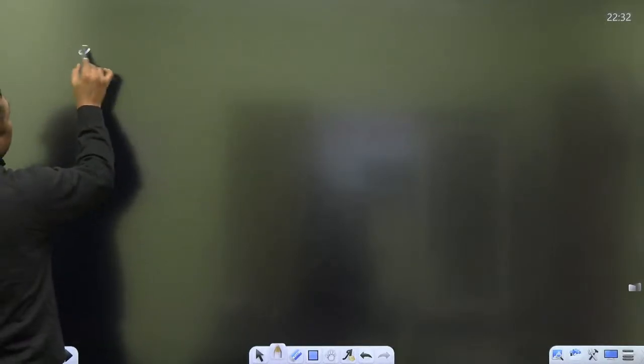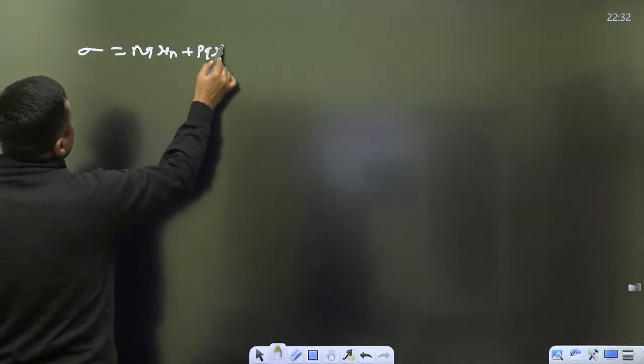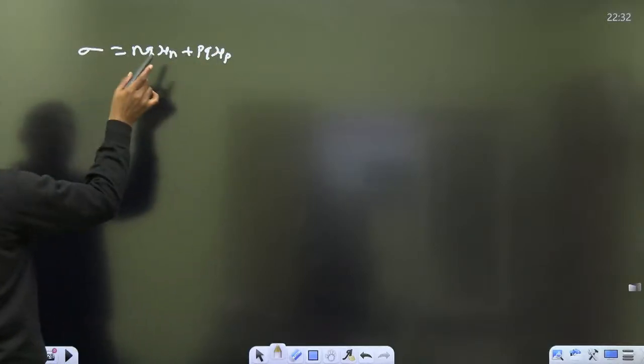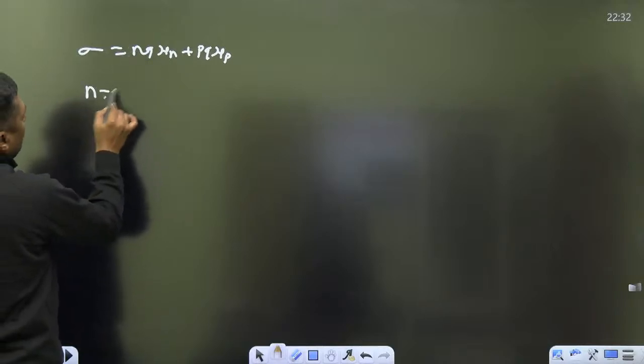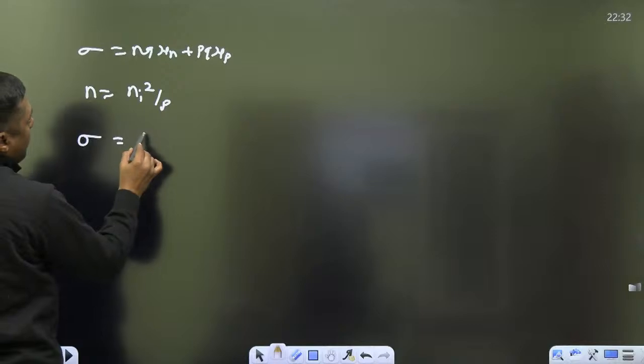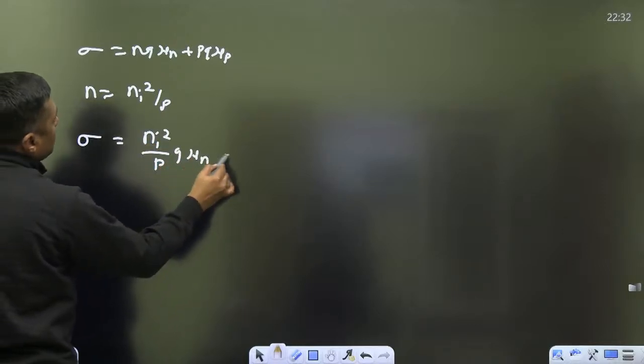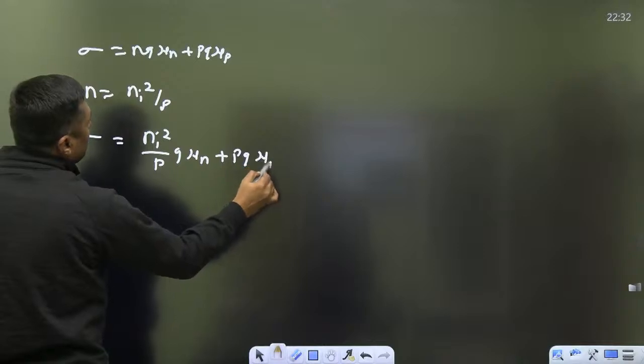So here we have to use the mass action law. So we are using n is equal to ni square by p. So you can write sigma is equal to q mu n ni square by p plus q mu p p, and p is the variable.